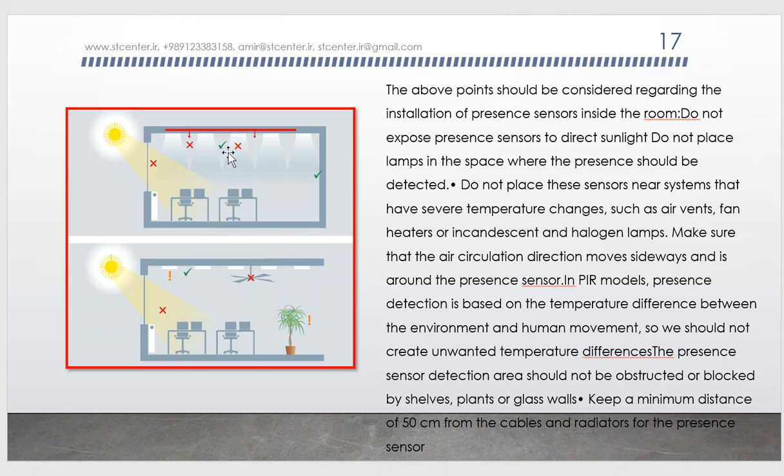Then they should not be installed very close to a big amount of light, because if you have a big amount of light in a room, it detects it as a human, since these sensors are mostly sensitive to heat. So you should place them somewhere that provides the right detection, not behind any objects and so on.